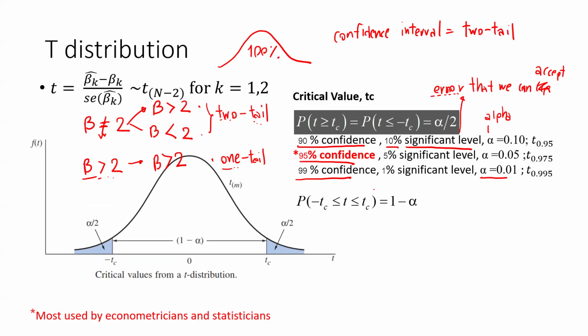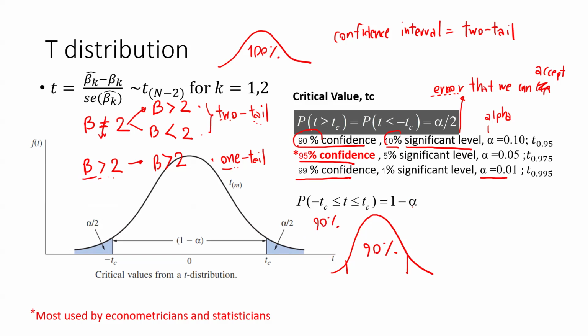For example, if I say I have 90% confidence, okay, this means if I draw normal distribution, this is 90% confident or 10% significance level. It means your confidence is 90% on the central.